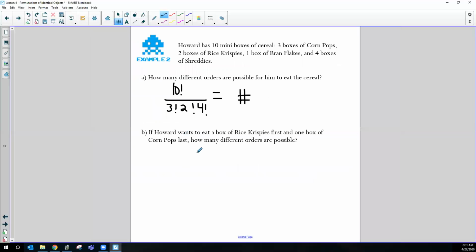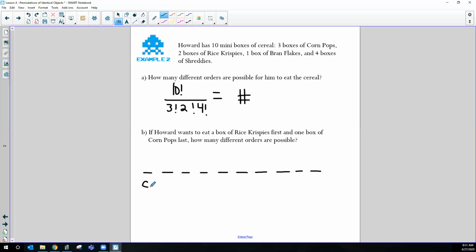Okay, if Howard wants to eat a box of Rice Krispies first and 1 box of corn pops last, how many different orders are possible? Okay, so we have 1, 2, 3, 4, 5, 6, 7, 8, 9, 10. We have 10 objects.